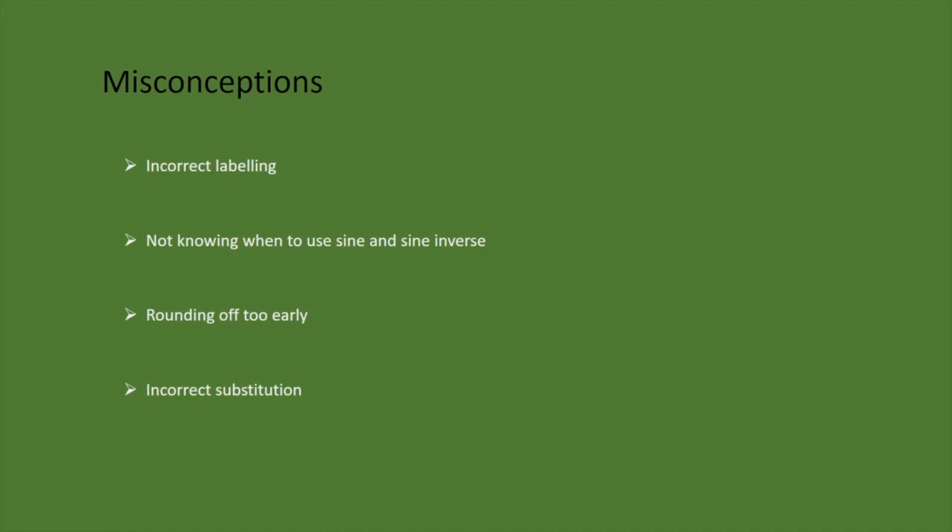Another common mistake the students do is rounding off too early. For example, when we use the sine inverse, we have to find the value of what is inside the bracket and do not round it here.